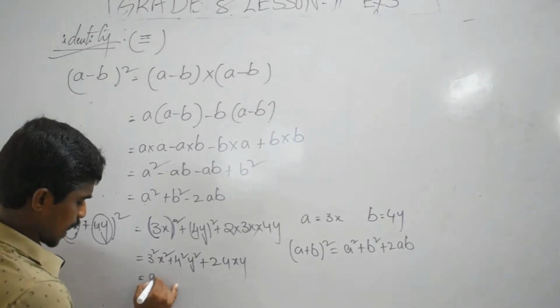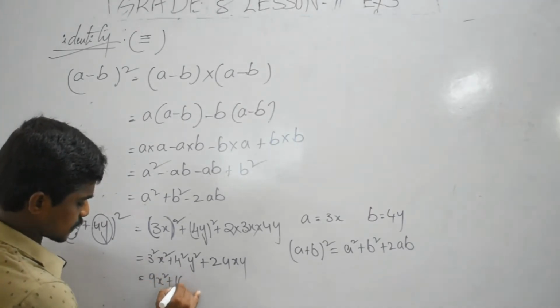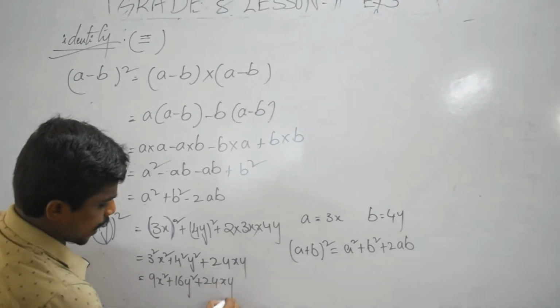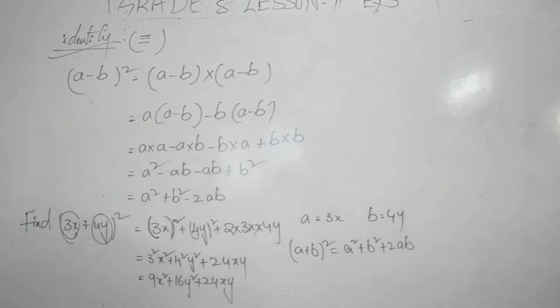So 9x square plus 16y square plus 24xy. So (3x plus 4y) whole square value is 9x square plus 16y square plus 24xy.